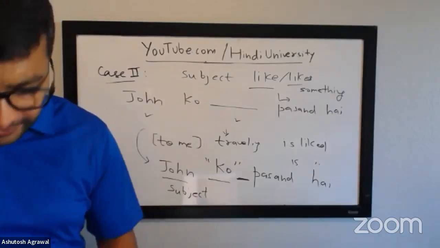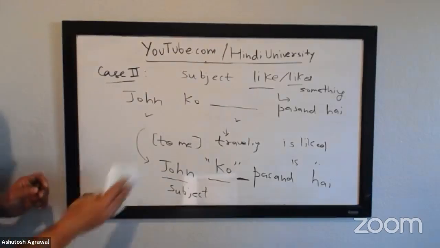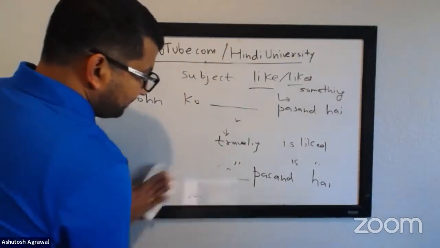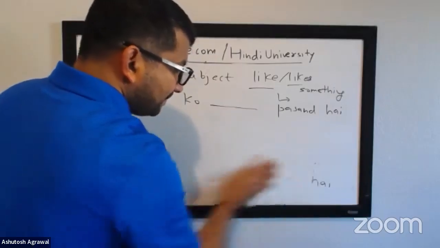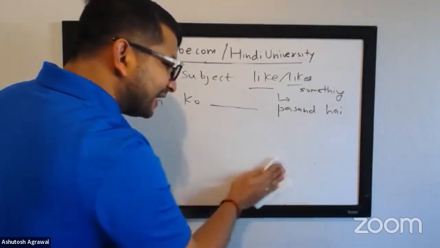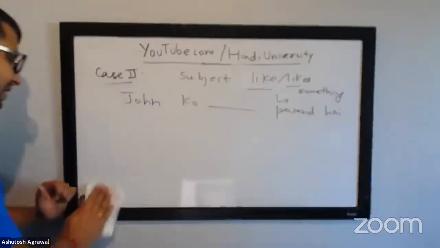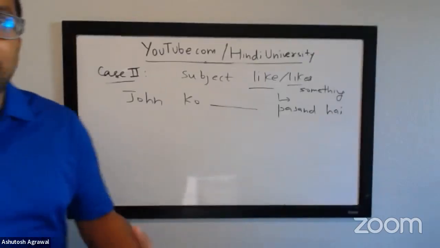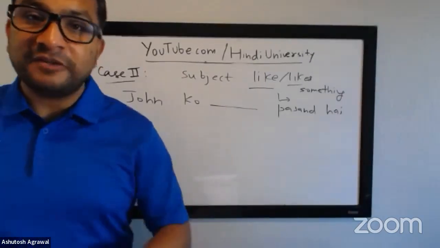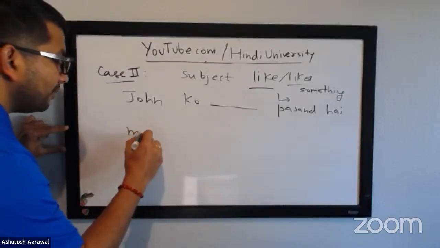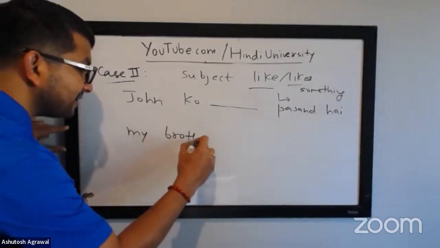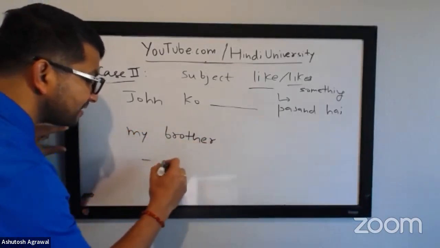Okay, one more. You want to try it out? मेरे भाई को चाय पसंद है. Very good, right? I like how you made the subject, how you changed it. If anyone noticed, he has my brother, and it came naturally to you.